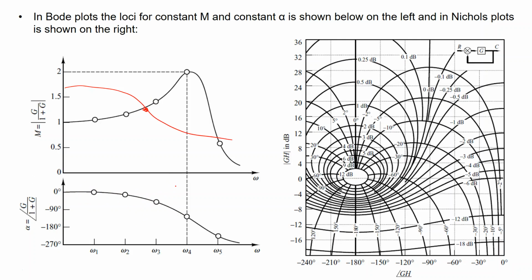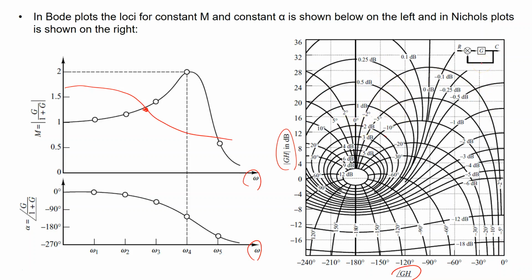While in a Nichols plot, where you plot G directly, magnitude of it versus angle of it, instead of both of them separately versus omega, the constant M's and the constant alphas look like this complicated shape here. Some of them look like ellipses with different decibels, and these other curves here are for different angles of alpha.